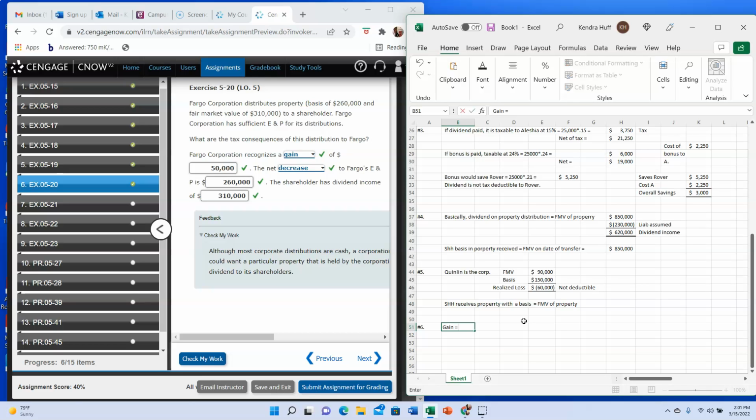So they have a gain, and it's the 310 fair market value minus the $260,000 basis. All right, accumulated earnings and profits decreases because you paid a dividend, and it decreases by the basis of property given.